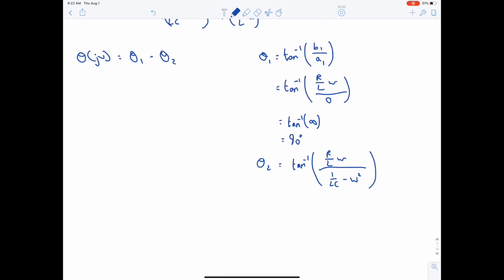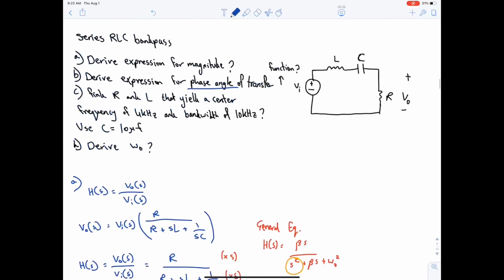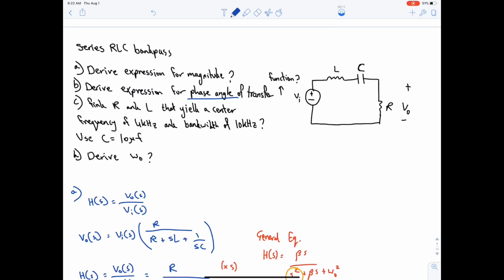So now the phase angle is 90 degrees minus tan inverse of R over L omega divided by 1 over LC minus omega squared. Part C. Find R and L that yield a center frequency of 4 kHz and bandwidth of 10 kHz.